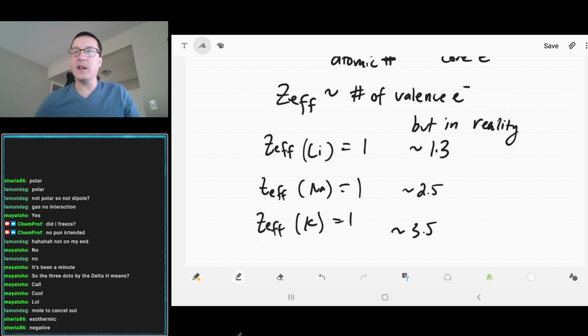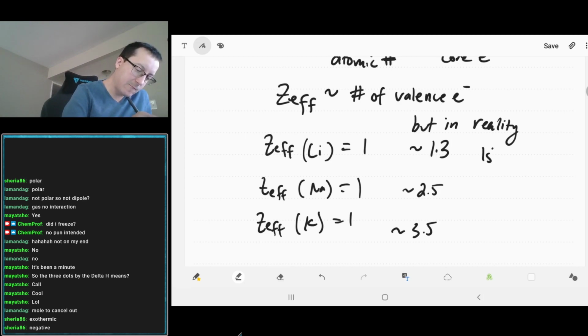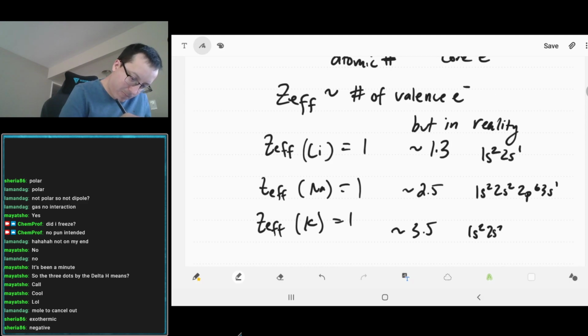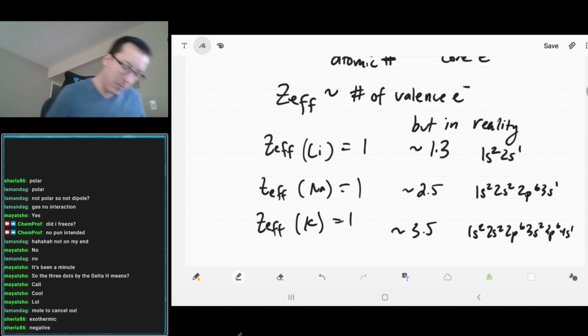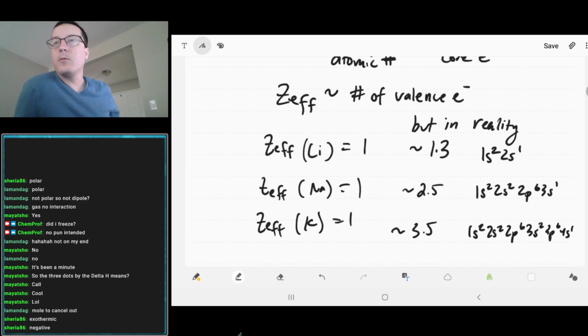If we look at the electron configurations of these atoms, we see we have more electrons as we go into potassium.